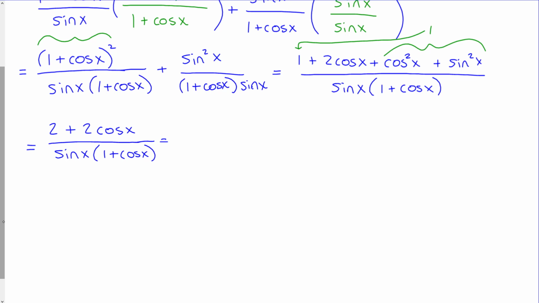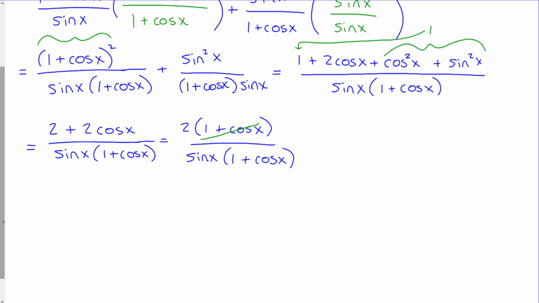And the numerator, there's a common factor of 2 that I can pull out. So 2 times the quantity 1 plus cosine x over sine x times the quantity 1 plus cosine x. Now notice there's a factor that's shared in the numerator and denominator.